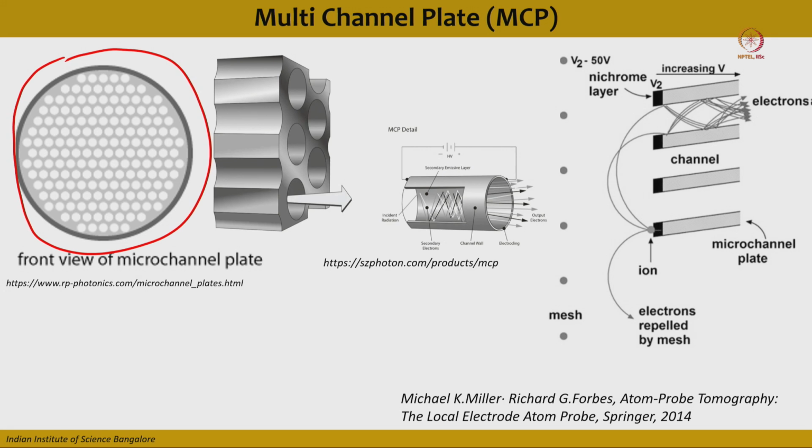It is nothing but a thin disc containing a 2-dimensional close packed array of glass tubes, which have a diameter of 8 to 25 microns. And this is typically a honeycomb structure.